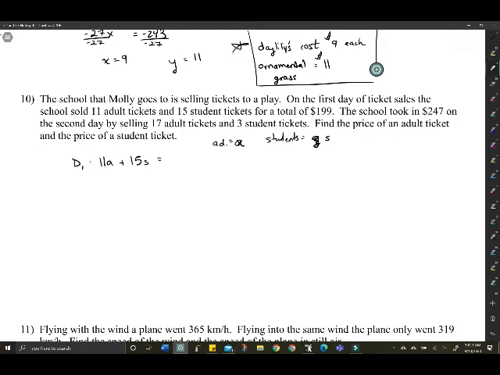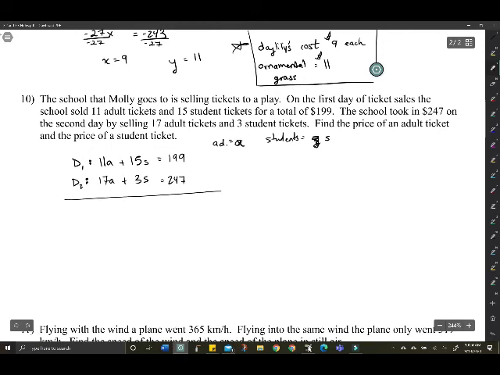Is equal to 199. So make math, I mean, don't be so afraid of it. Tweak it. Make it a little more fun for yourself, or just make it so it makes sense to you. Day 2: the school took in $247 from 17 adults and 3 students.